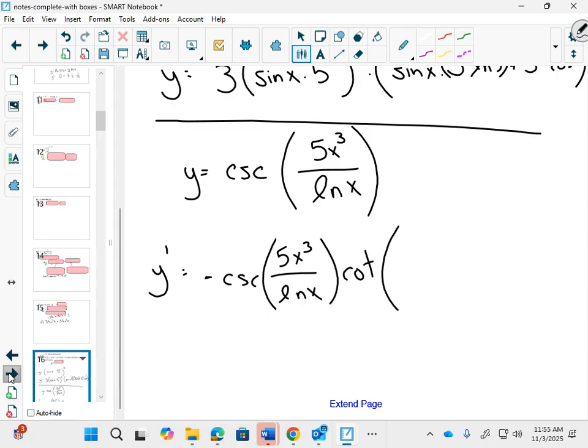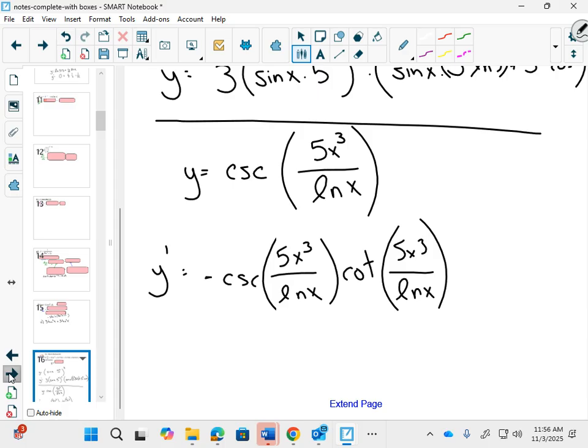Cotangent, keep the inside the same. There's two insides in cosecant x when you do the derivative. So when you keep it the same, it gets kept the same twice. That's the first hurt your brain moment in this question.